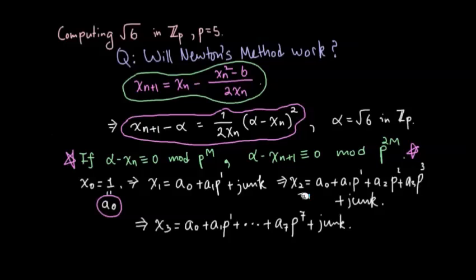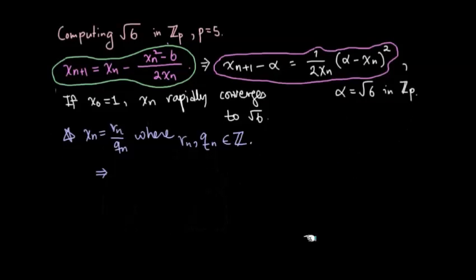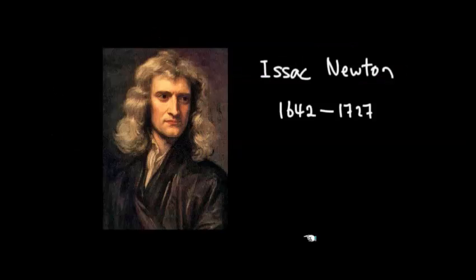If you run this Newton's method one more time, it's going to have 8 digits correct. So go all the way from 0 to 7 and so on. So this is a pretty interesting phenomenon, just like Newton's method in the real line. So here's Mr. Isaac Newton. He probably didn't think about p-adic numbers, but his method still works for p-adic numbers.